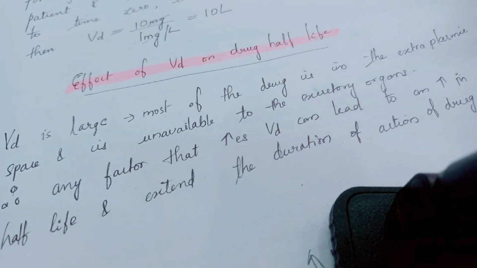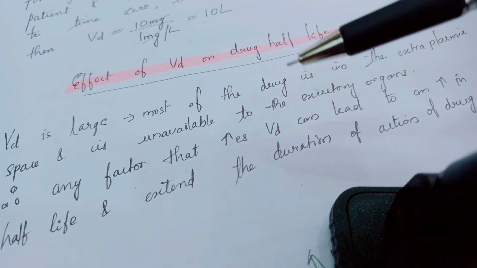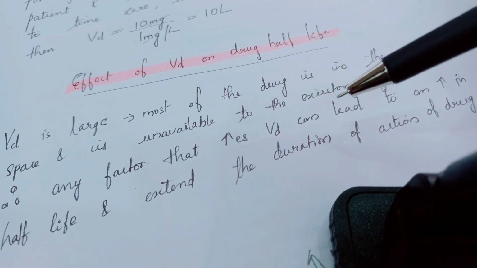Now, what is the effect of VD, the apparent volume of distribution, on drug half-life? When VD is large, most of the drug is in the extraplasmic space and is unavailable to the excretory organs.